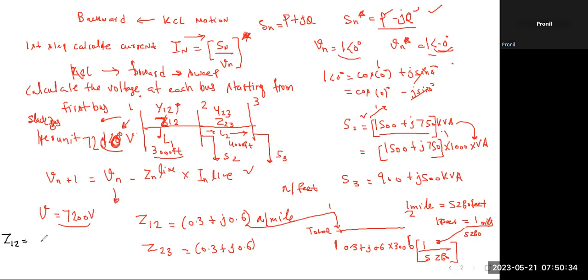My Z12 value would be 0.3 plus j0.6 into 3000 divided by 5280. Similarly, Z23 would be the same because the value is the same.